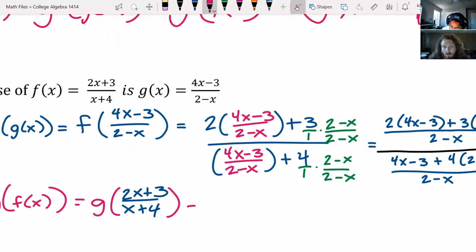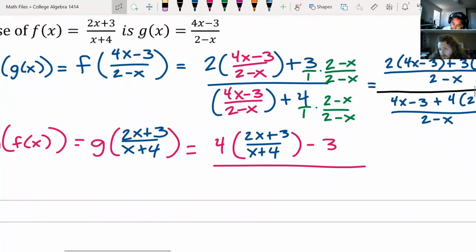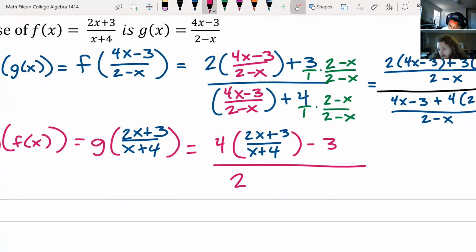So you take f, you plug it into g, and we're going to have 4 times (2x plus 3) over (x plus 4), minus 3, over 2 minus (2x plus 3) over (x plus 4). Beautiful.